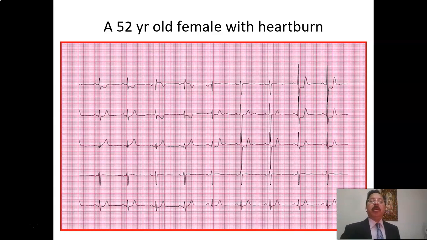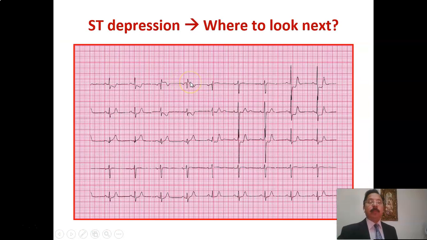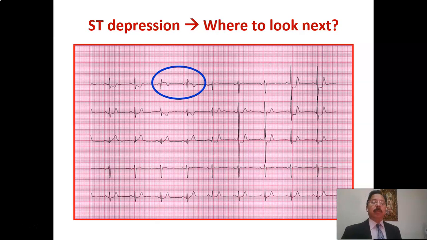Okay, so whenever you see ST segment depression anywhere in the ECG, just take a moment to look at the aVR. Look at the aVR. There is ST segment elevation, right?